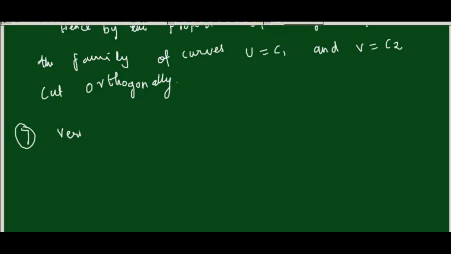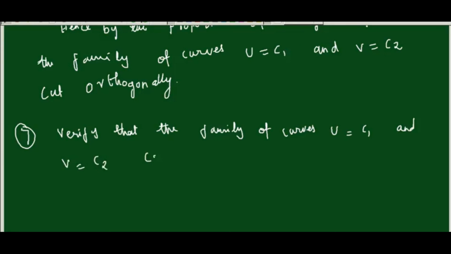Verify that the family of curves u is equal to C1 and v is equal to C2 cut orthogonally, when u plus iv is equal to z cube.